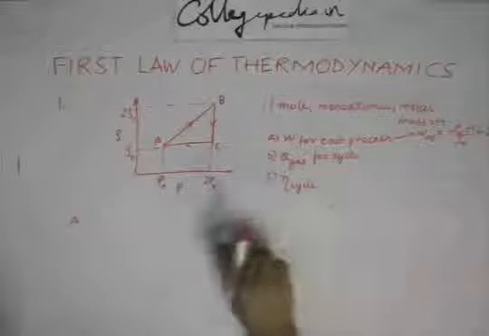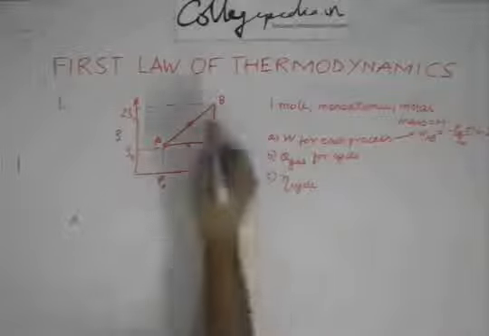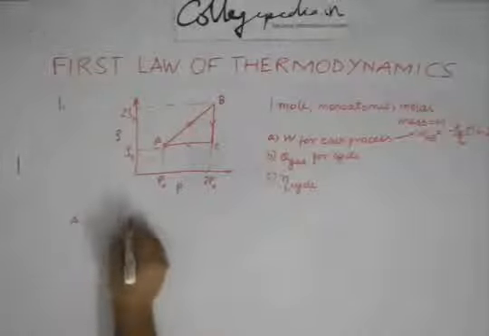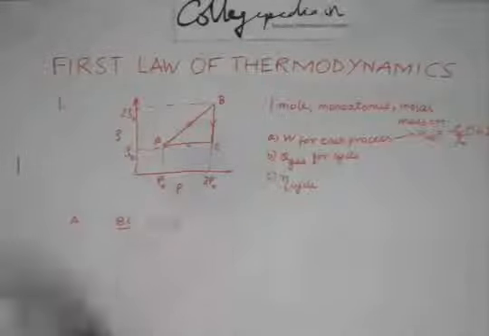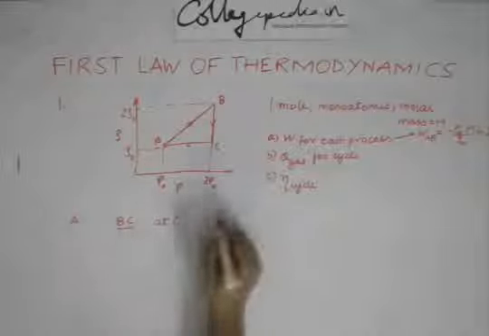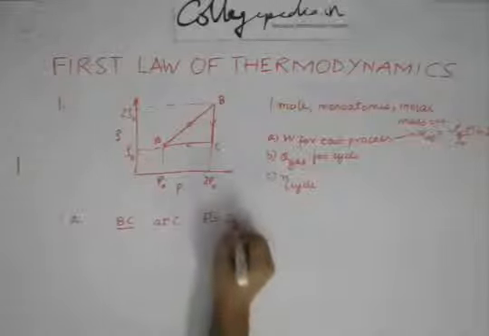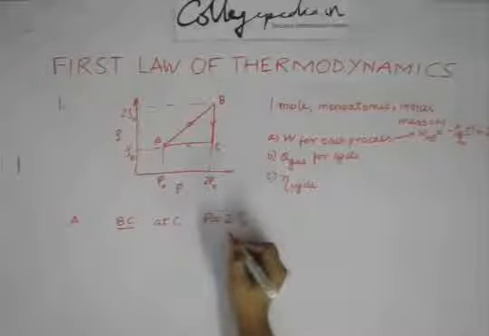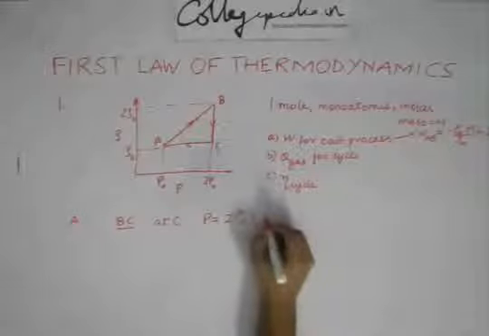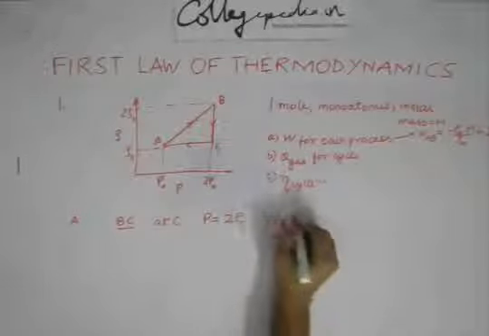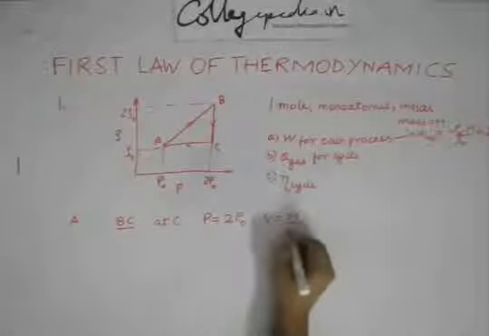Now let us look at the next process, which is the process B to C. The state B has already been determined, but the state C of the gas is unknown. At state C, the pressure is going to be 2 P naught. The volume is going to be M by rho naught.